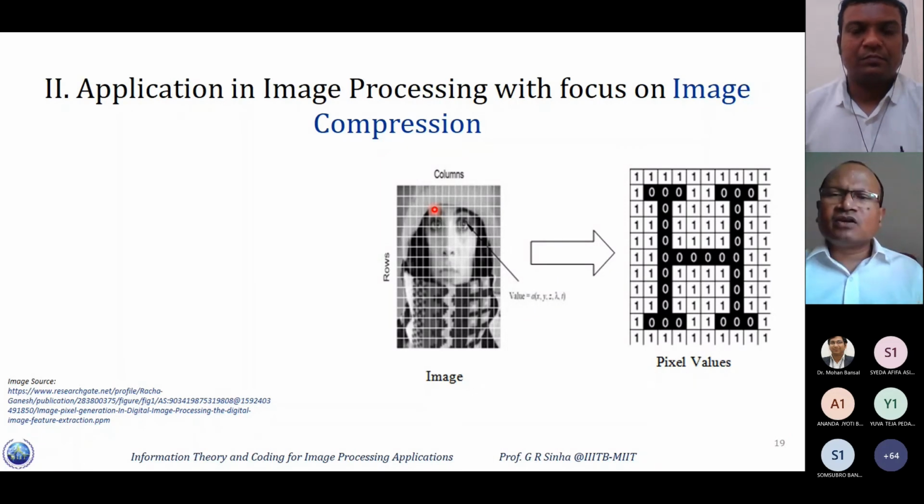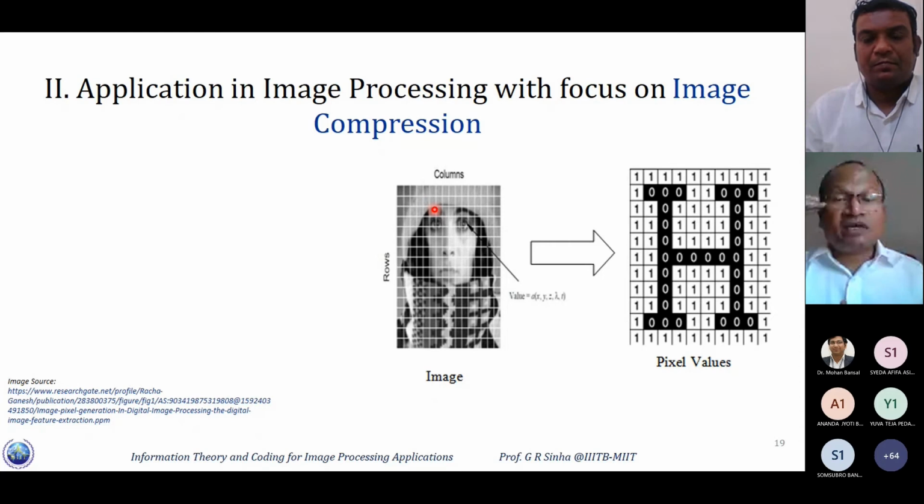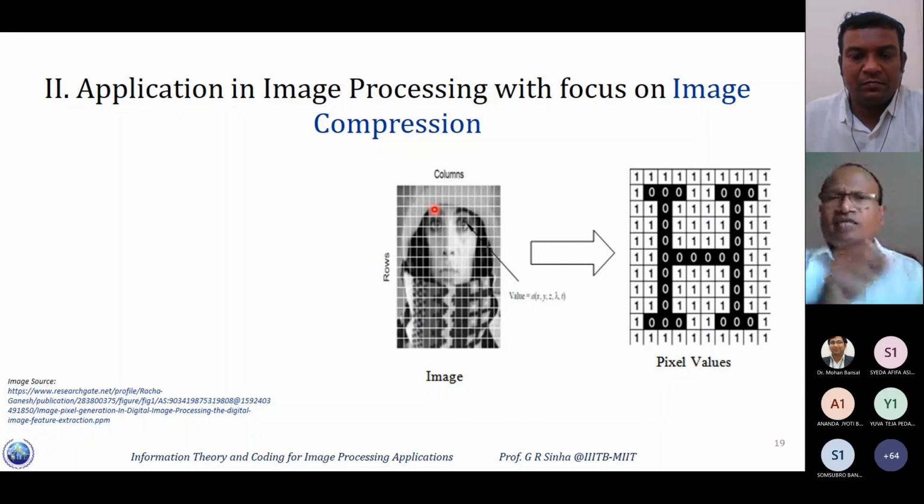What happens when you capture the picture? How do you get the pixel intensity? That is actually the brightness value. Wherever on your face the same amount of light is incident, the pixel values will be almost similar. So what I'm trying to say is, in a picture or an image, there may be many pixels having the same grayscale values, same pixel values, same intensity values, same brightness values.